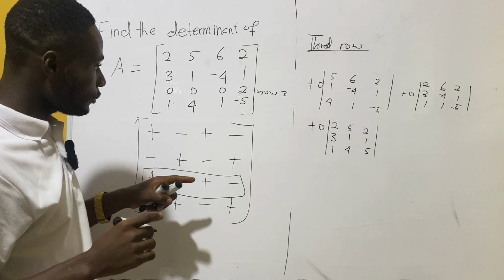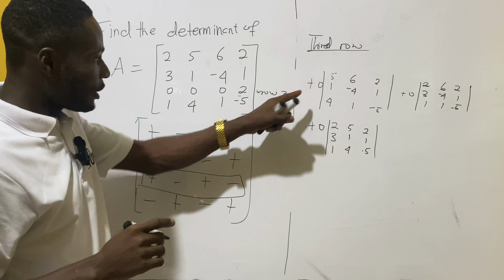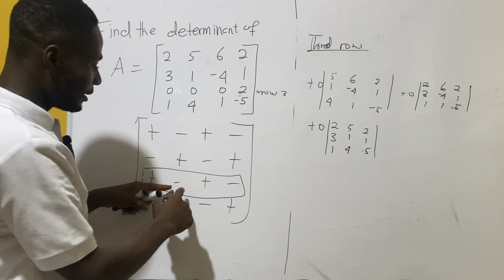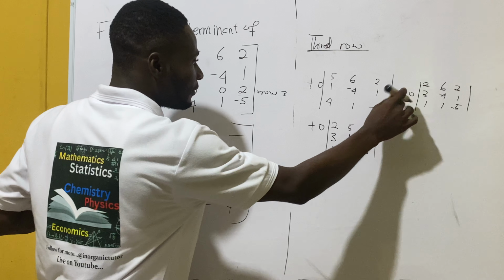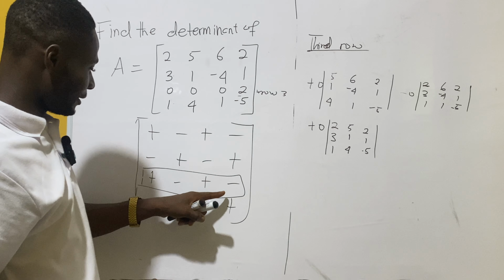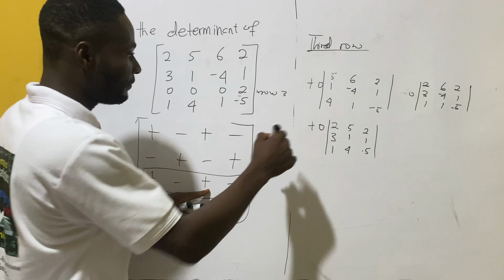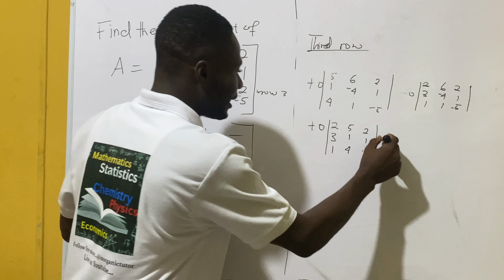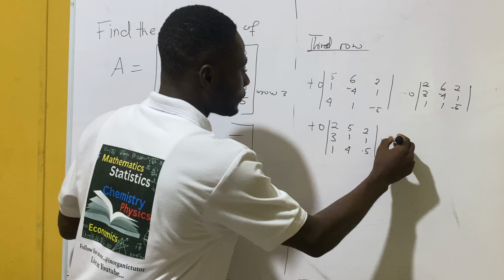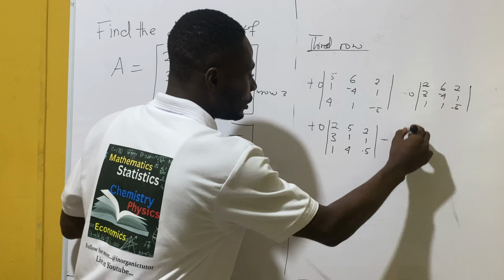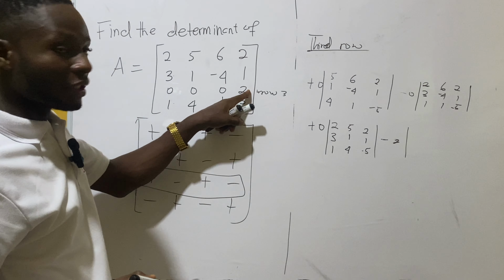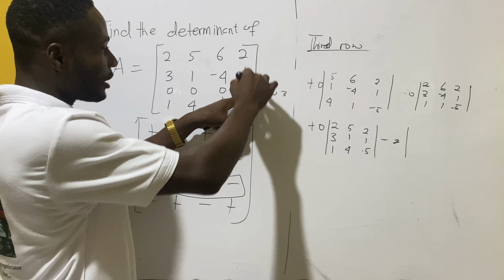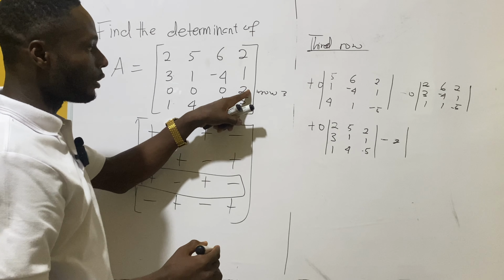Don't forget, the third row has plus first, the second is negative, the third is positive as here, and the last one is negative. So we have minus 2, minus 2. Then when you stand on this row, any element on that row is crossed out, and any element on that column is crossed out.